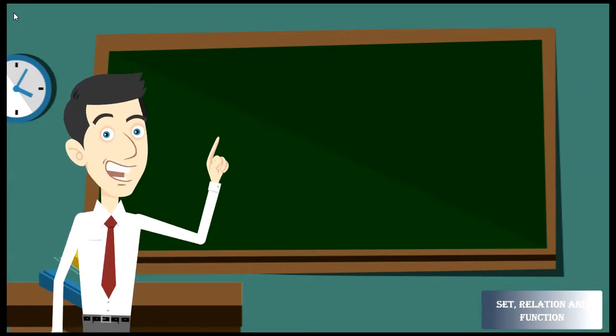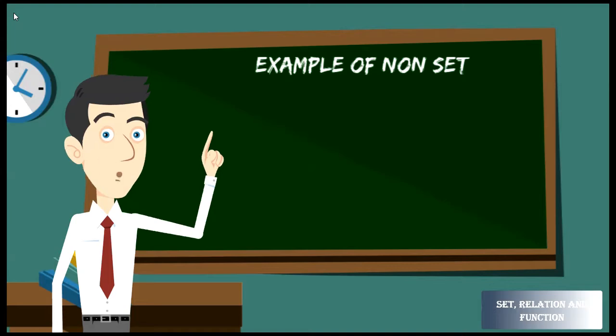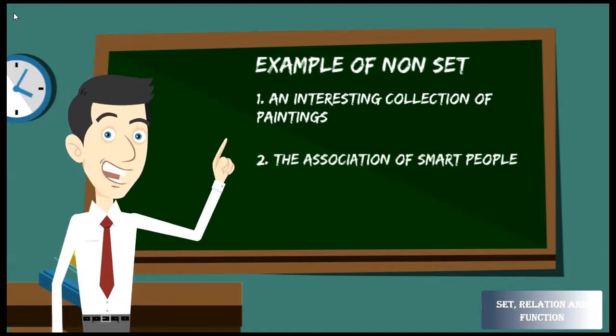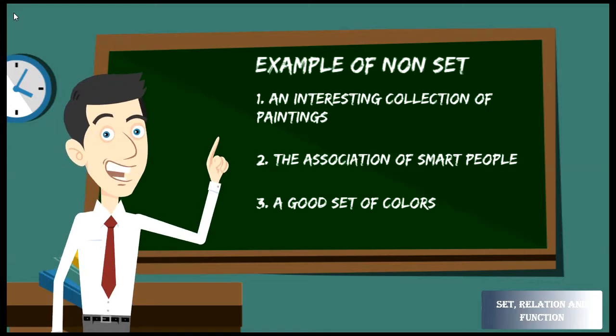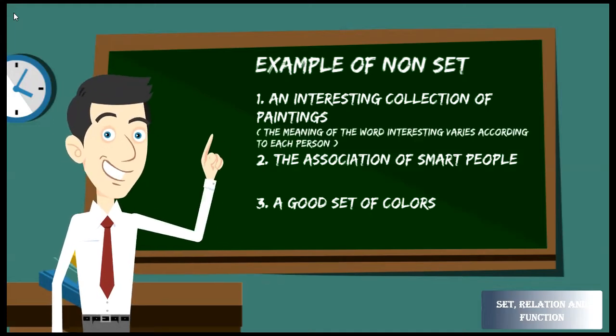Now, we will talk about examples of non-set. What are examples of non-set? The first one is an interesting collection of paintings, the association of smart people, a good set of colors, etc. An interesting collection of paintings is non-set because the meaning of the word interesting varies according to each person.